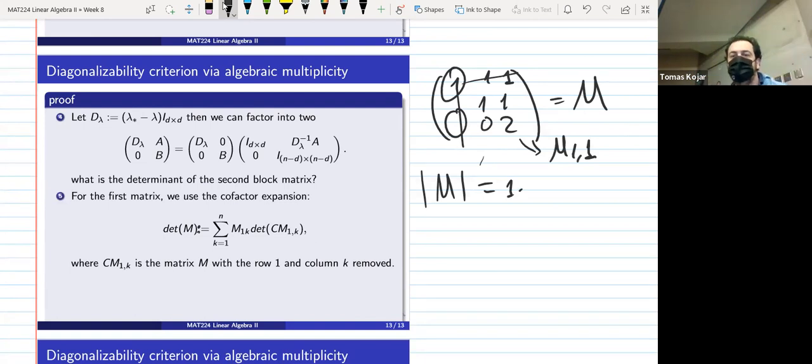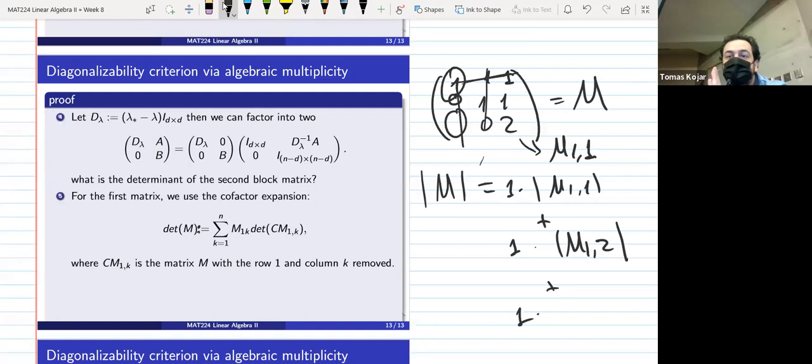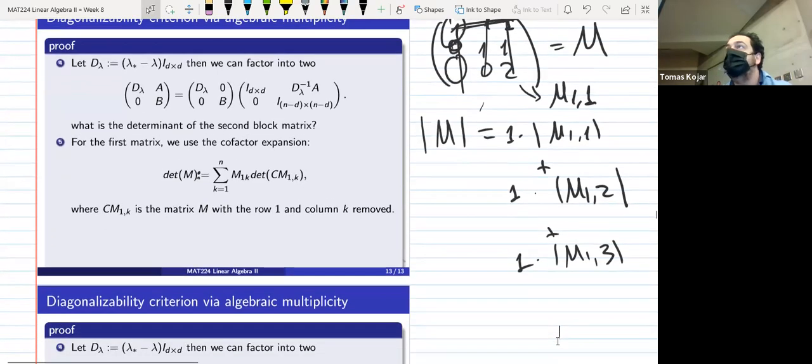So you have 1 times M11 plus 1 times, you remove this and this, but this will be 0, but I can just write it. So 1, 2. And then finally 1 times 0, 0, M13.